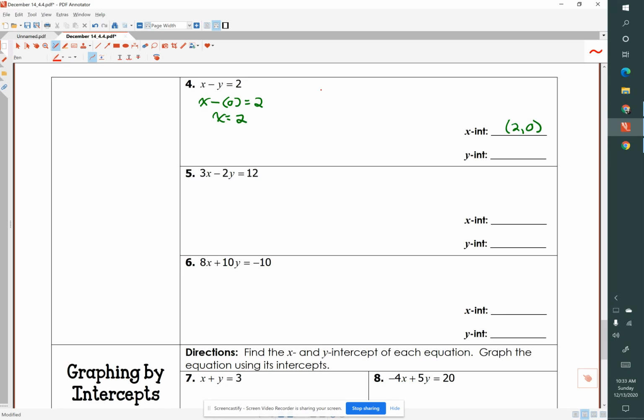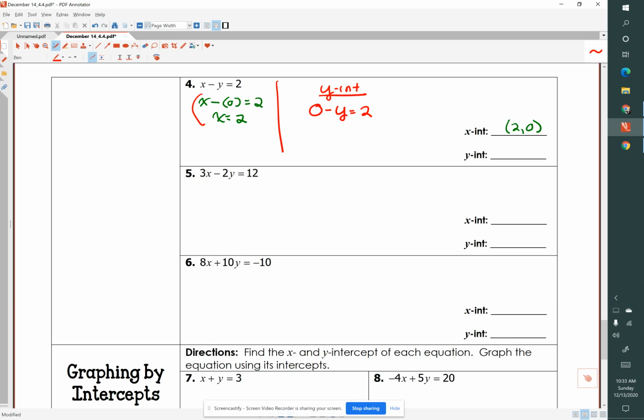Now the y-intercept. I should have labeled my work over there. This was the x-intercept here. So the y-intercept, I'll set x equal to 0. So we have 0 minus y equals 2.